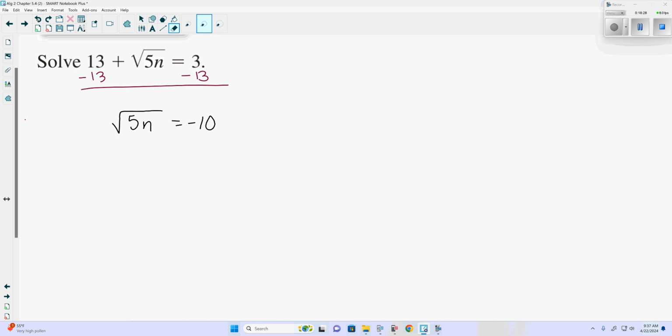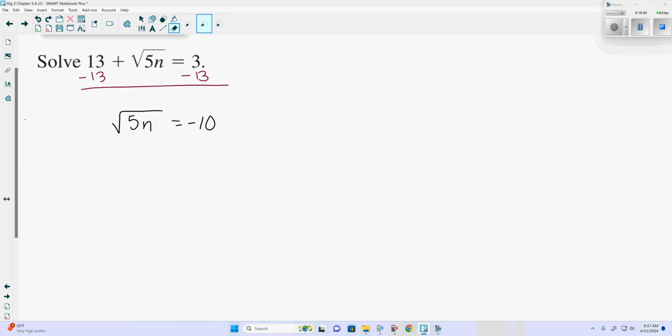All right, I'm backing up to this step here, because we said that the square root of 5n equals negative 10, yes? And whenever we take a square root, we're looking for a number times itself, yes? What number times itself gives us the number inside the radical? Is there any way this could be negative? No, because the numbers that come out of a square root have to be positive.